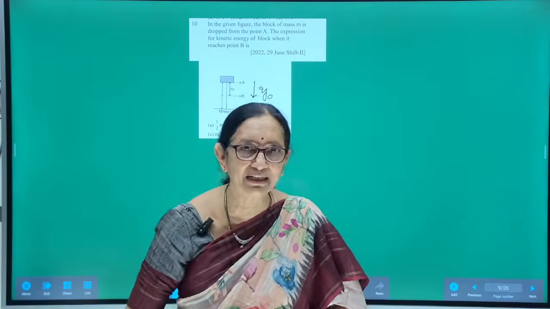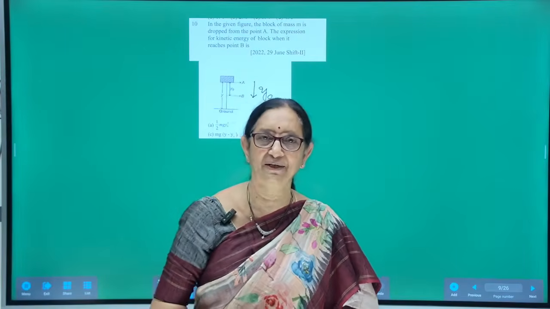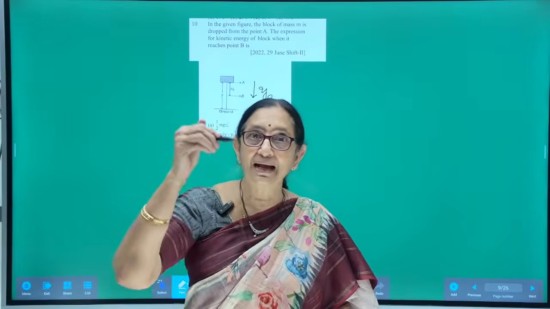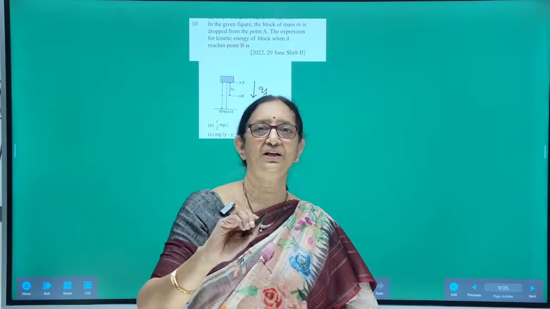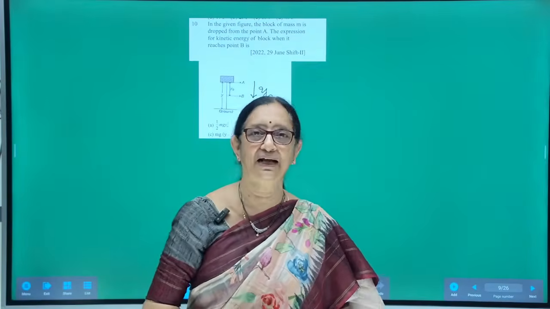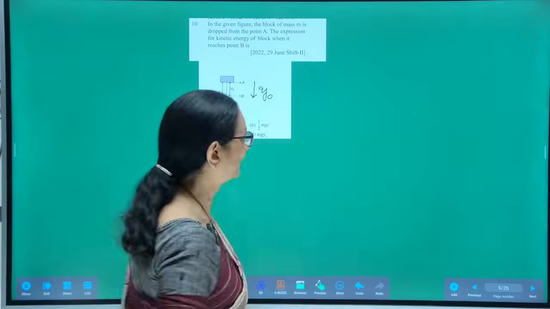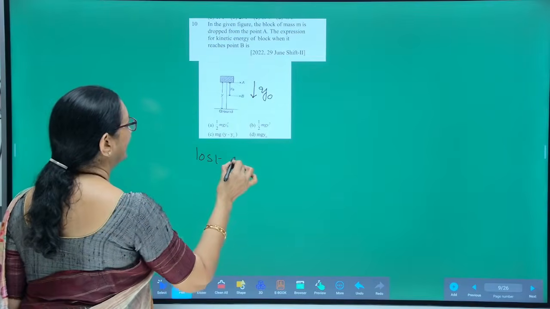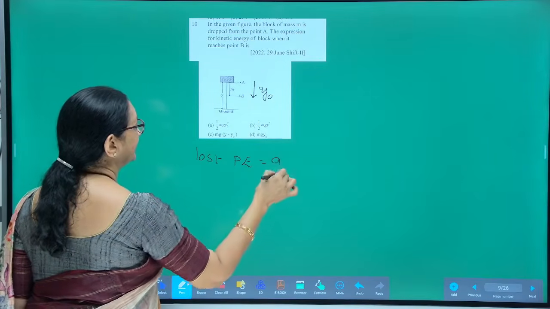According to the law of conservation of energy, at the highest point it has potential energy. As it falls down, potential energy is converted into kinetic energy. That is, lost potential energy is equal to gained kinetic energy.